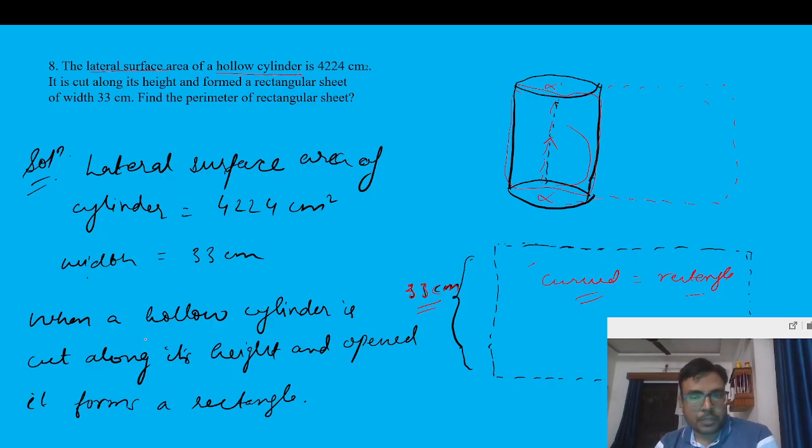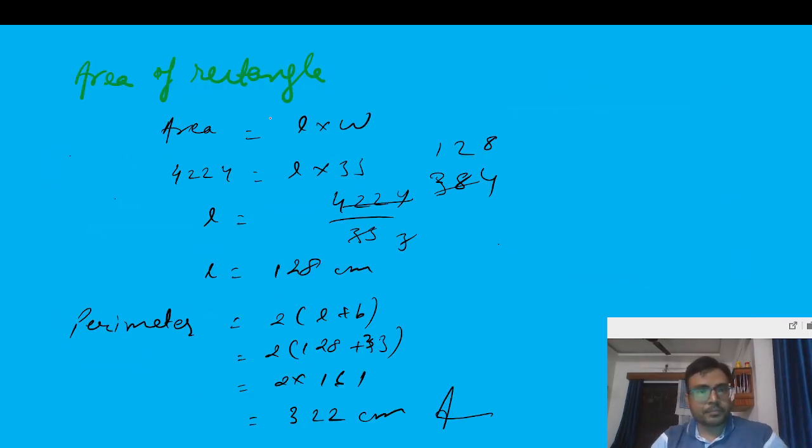Now if you can think up to here, the problem is solved. Area of rectangle is length into breadth, area given, width given, you have to find the length. Just solve it carefully. Length is 128, and perimeter is 2 times length plus width, which will be 322. Just remember the formula and read the questions very carefully.